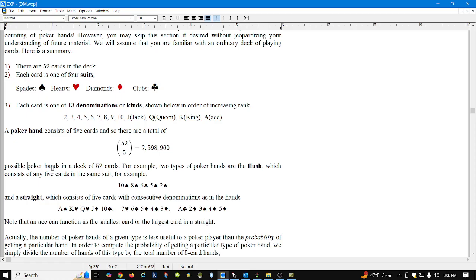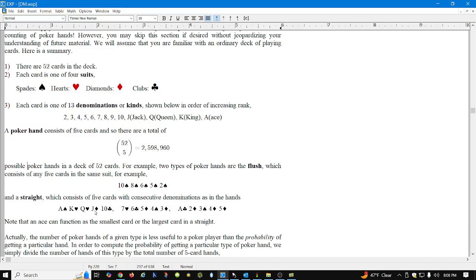For example, 2 types of poker hands are the flush, which consists of 5 cards in the same suit, any 5 cards in the same suit. So this would be called a spade flush. And a straight, which consists of any 5 cards in consecutive denominations.